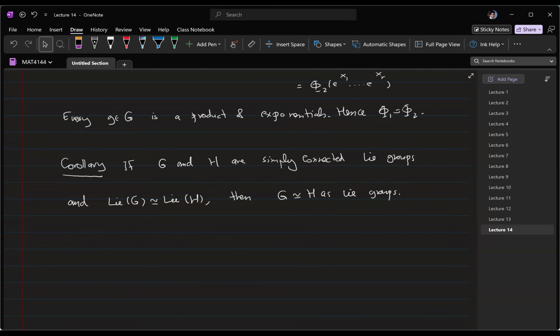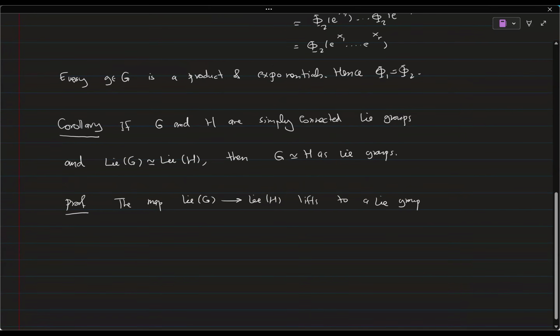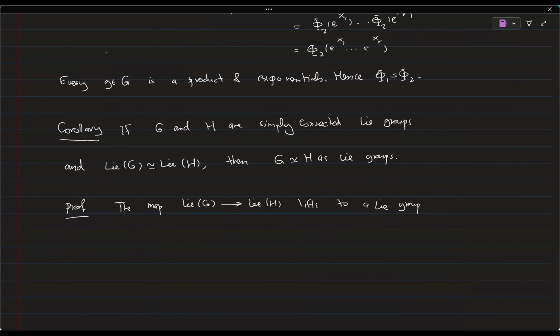Right, okay, so in both directions. The proof is really simple. This map is a Lie algebra isomorphism, which lifts to a Lie group homomorphism.